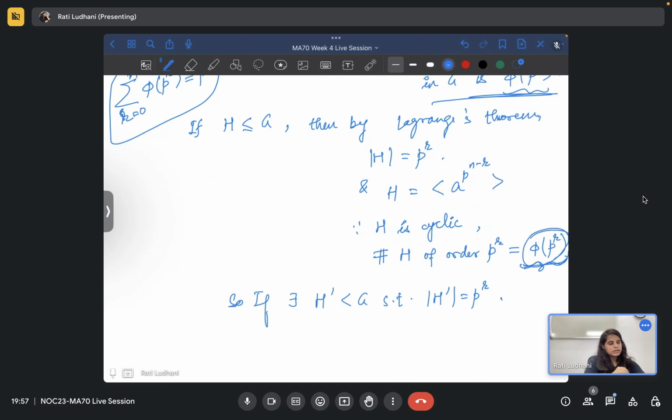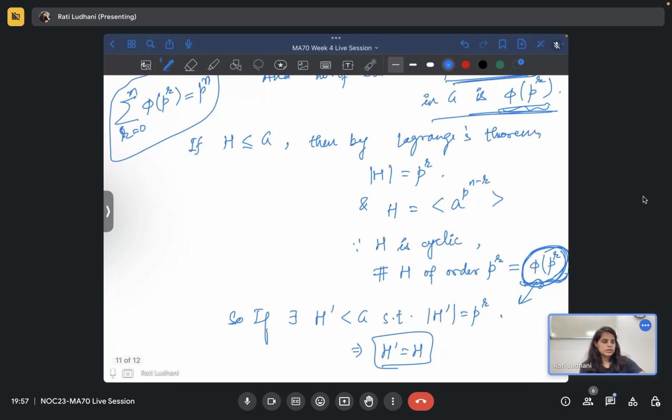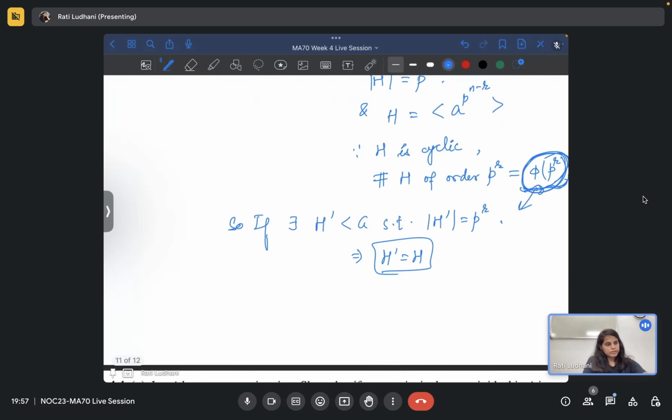If you consider any of these elements, then again you will get H dash to be the same as H, because these generate the subgroup, so it will be the same one. So this implies H dash is equal to H, because we don't have any choice. G contains phi of p raised to power r elements of order p raised to power r, and any subgroup H will also need phi of p raised to power r elements. So you can only make one subgroup. That's the whole thing, that's the upshot of this part.